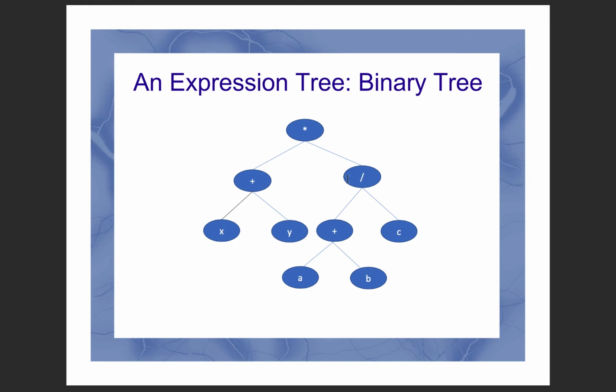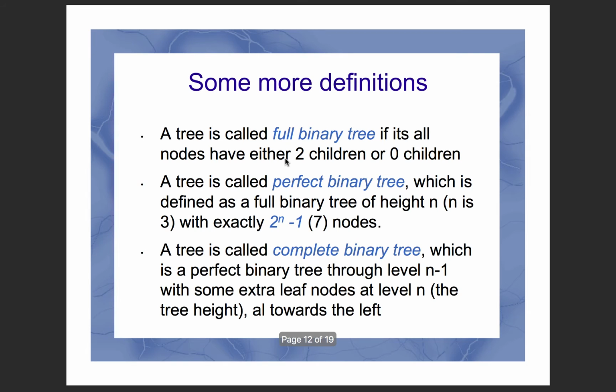You can see this node has two children, this node has two children, this node has two children, this node has two children, and these nodes have zero children. So you can call this a full binary tree. A full binary tree is a binary tree with some conditions: all nodes have either two children or zero children, and that's why it's called a full binary tree.